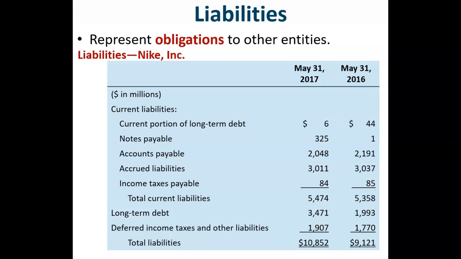For instance, the footnotes would show that Nike's accrued liabilities include accrued compensation, accrued rent, accrued taxes, and accrued interest payable. Also notice that the company classifies the current portion of its long-term debt as a current liability.